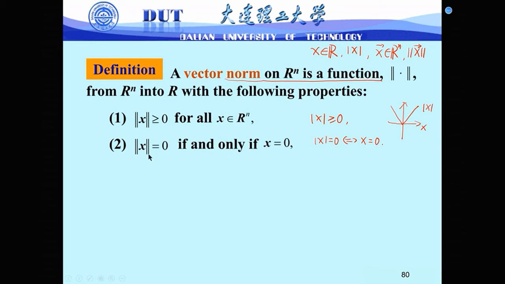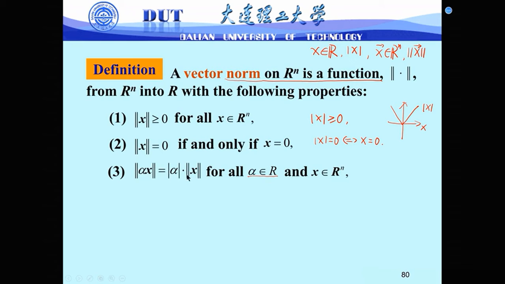Third, if you use a real number alpha to multiply the vector x, then it is a new vector. The norm or the length of alpha x is equal to the absolute value of alpha multiplied by the norm of x, for any real number alpha and any real vector x.